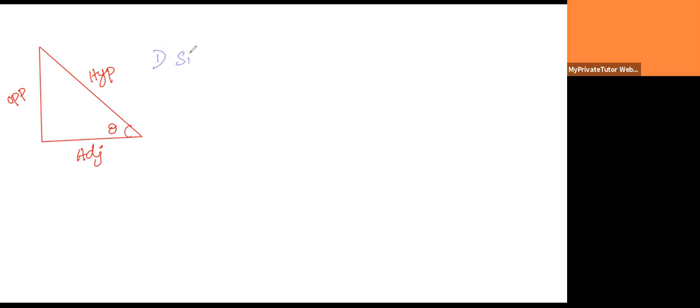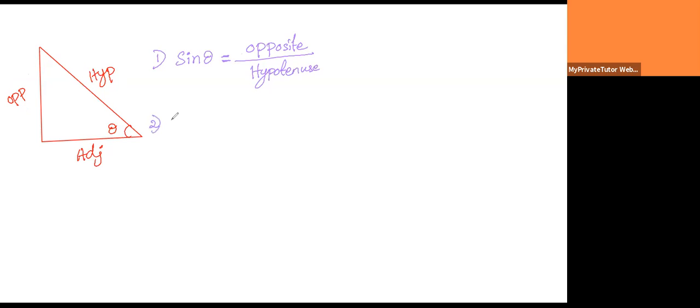The first one is sine theta. The formula for sine theta is opposite side divided by hypotenuse side. It's very simple: the opposite side, which means the value of this side, divided by the value of the longest side, is nothing but sine theta.